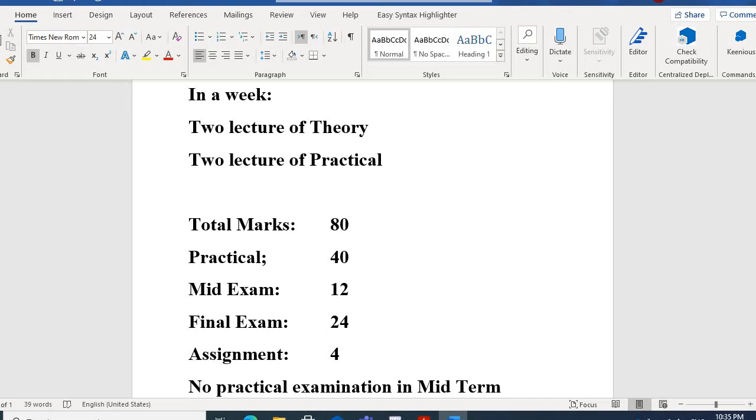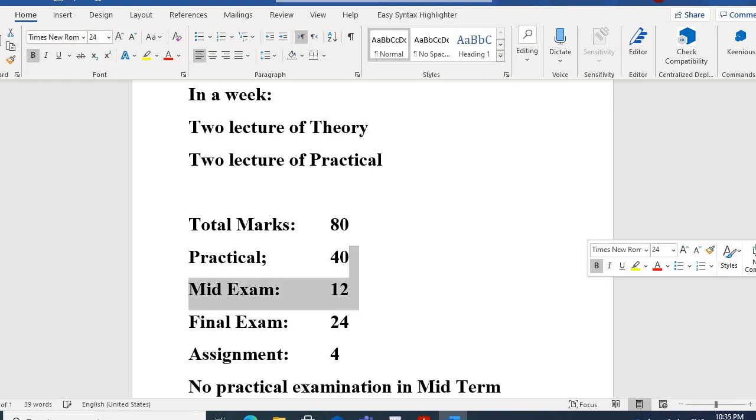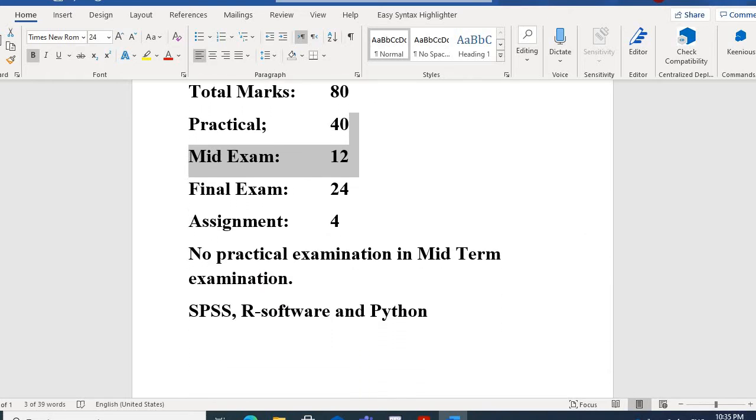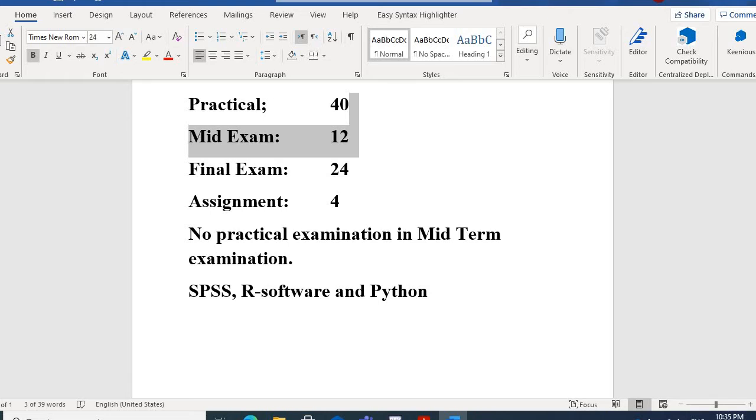No practical examination will be held in the midterm examination. In practical, I will try to teach you SPSS, R software and Python.